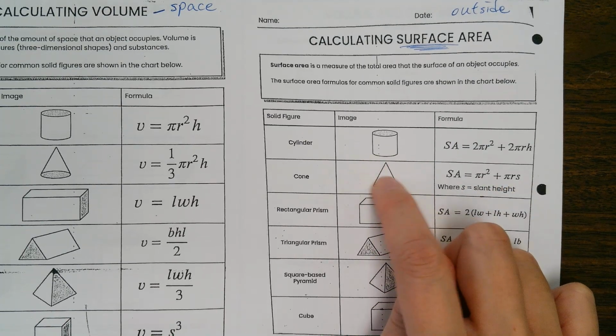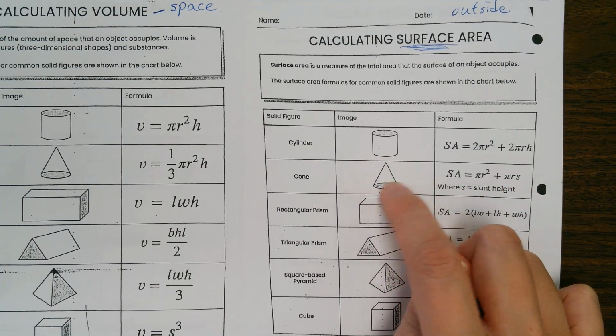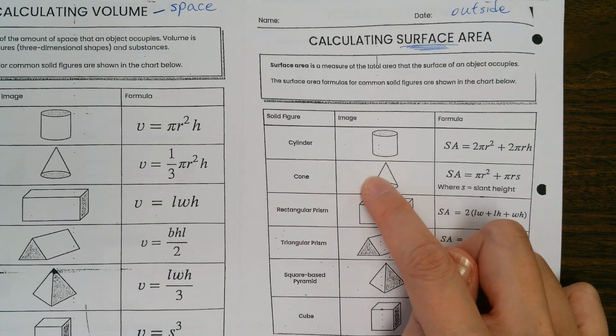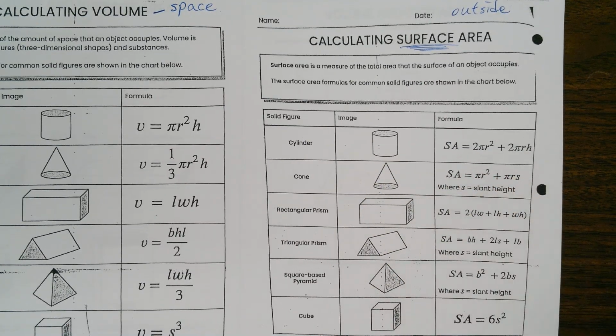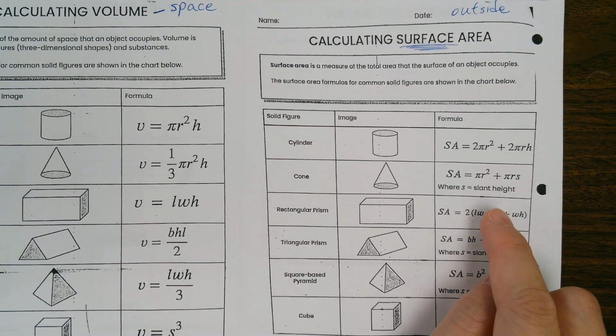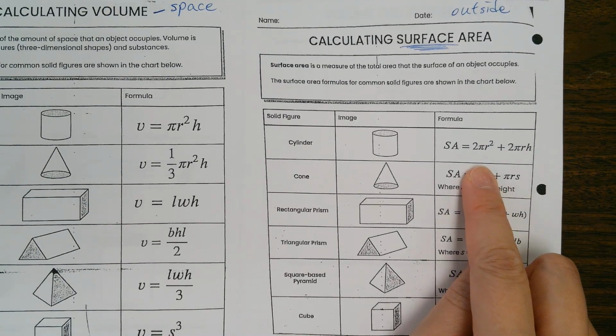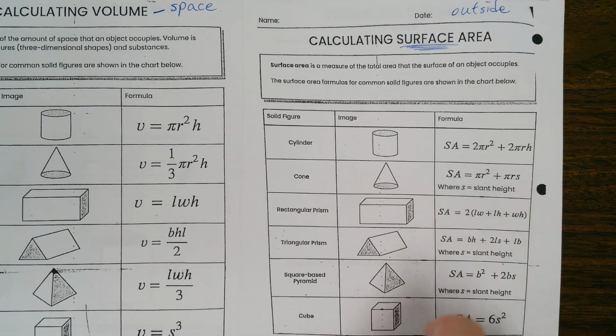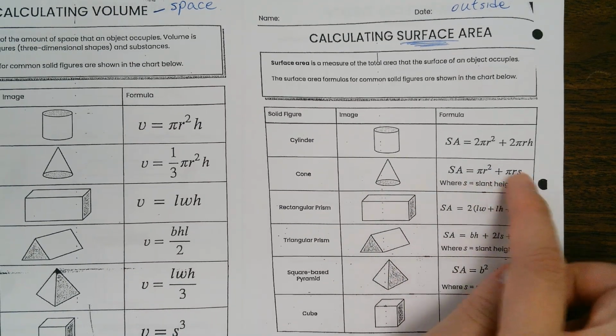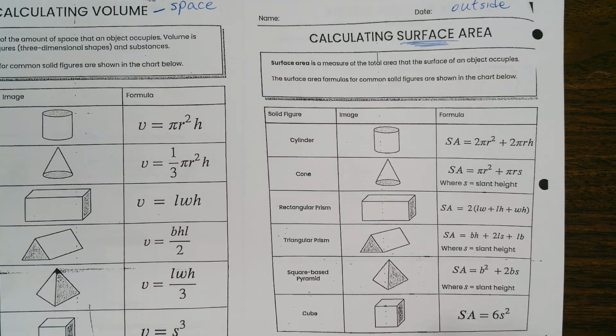So if I only want this lateral surface, this part right here, but not the bottom, how would my formula change? Brianna? Yeah, and no pi r squared, because pi r squared, as you know, is the circle on the bottom. So on the test, you'll get these types of questions, and you'll need to know how to modify that formula.